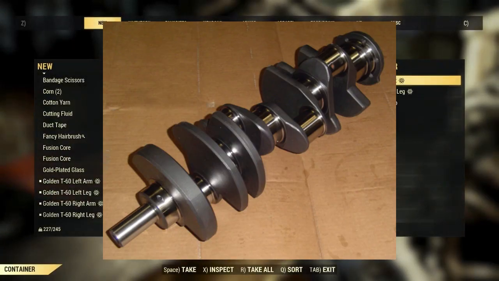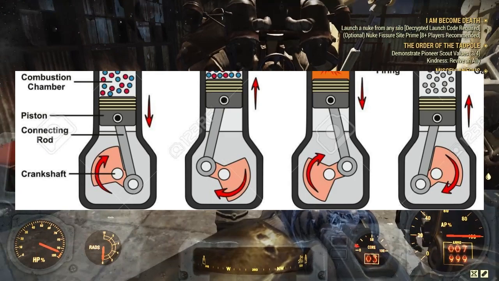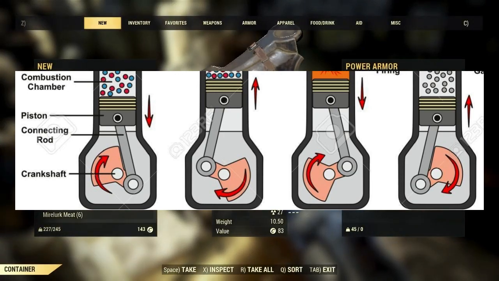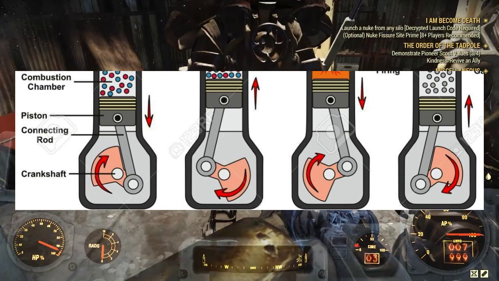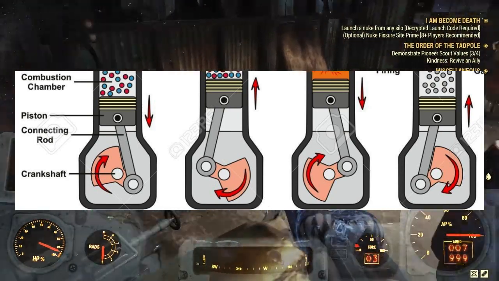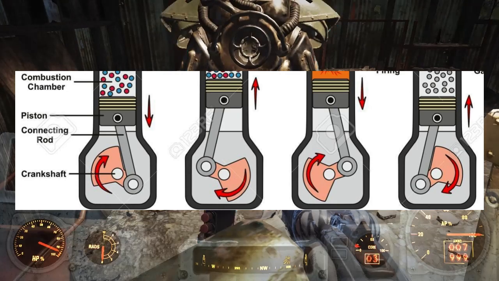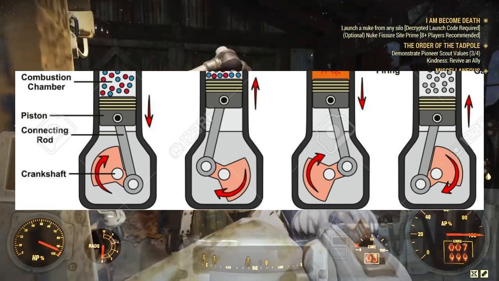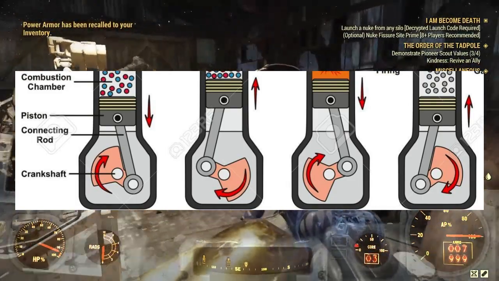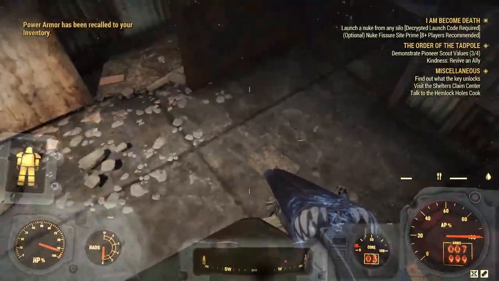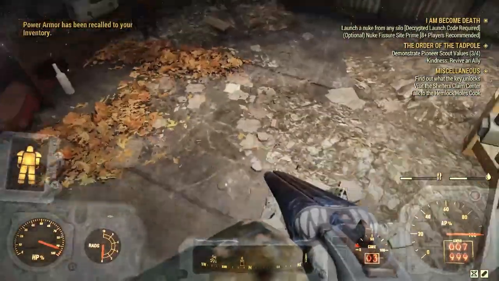Now, the crankshaft is the one part of the entire engine that's responsible for taking the up and down motion of the piston and turning that into circular, twisting motion, and thus feeding that into the transmission, which feeds it to the differential, which ultimately is moved out to the tires and moves the car.